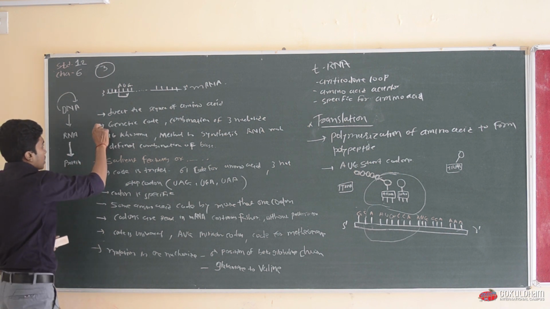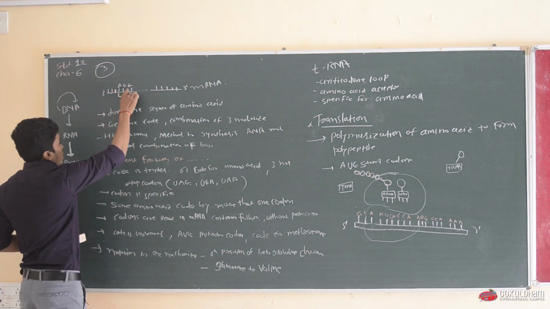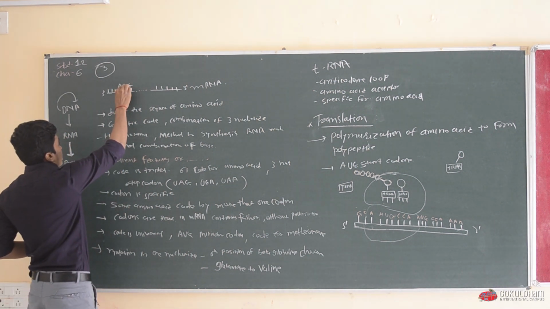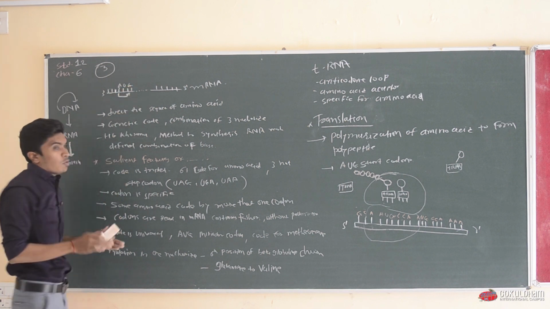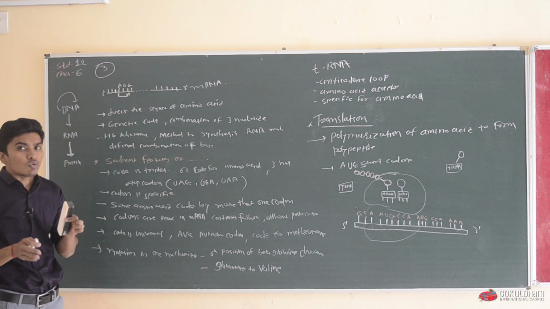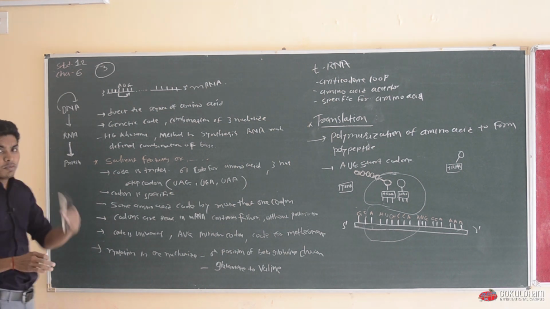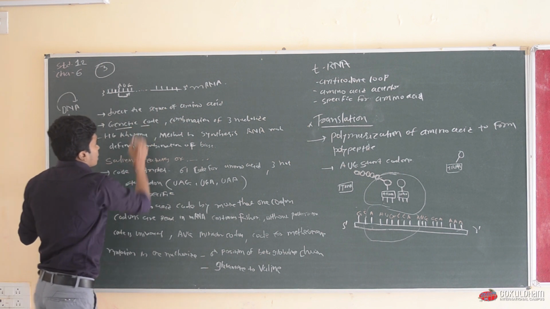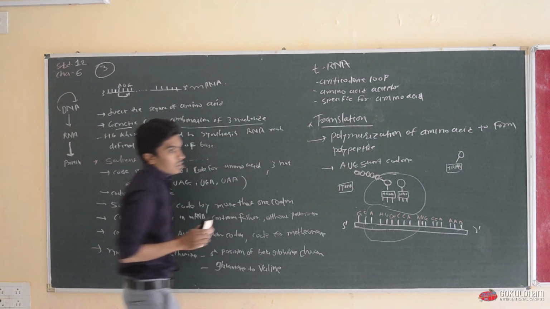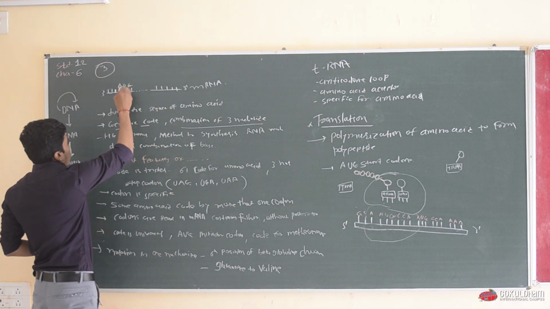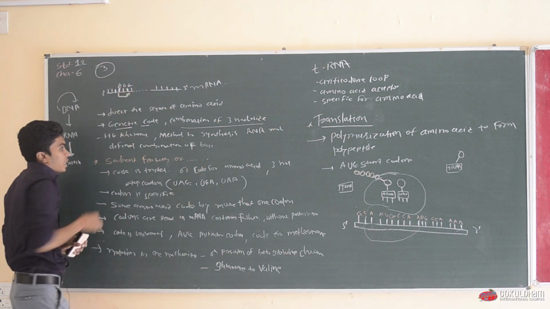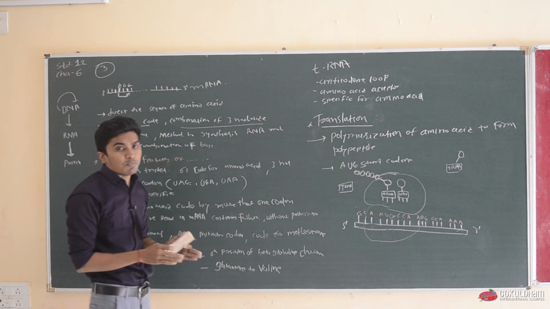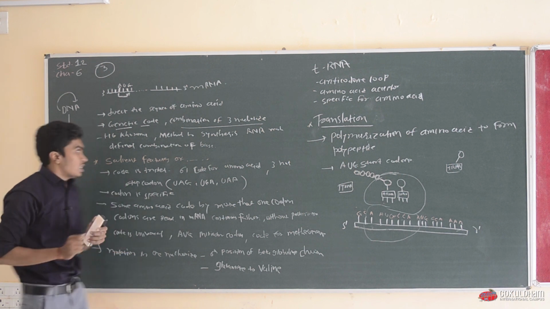Now this is the genetic code, which is a combination of three nucleotides. First one is A, U and G. This forms one code, or we can say a codon, which is responsible for the formation of one amino acid. So the genetic code is a combination of three nucleotides: the first, second and third nucleotide make the codon, which forms a particular sequence of amino acids.